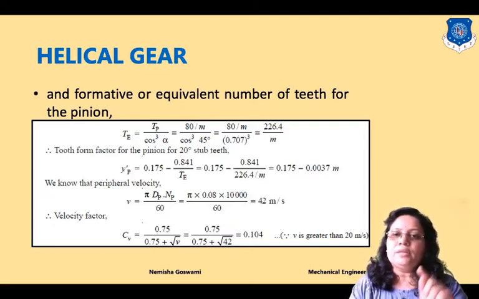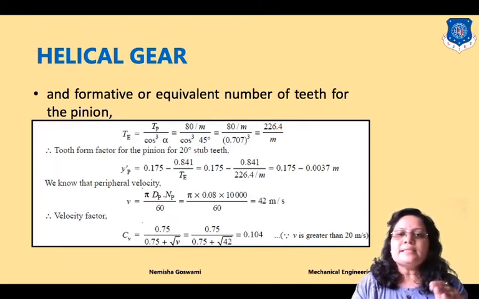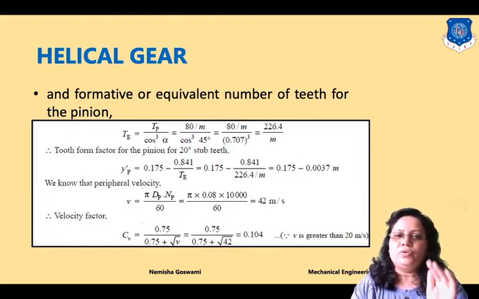So we will put this value, we have value of TP is equal to 80 divided by M, divided by cos cube 45 degree, or you can transfer this cos cube alpha in upper side, so it will be sec cube alpha. So you can put direct value, so you will get your TE, right? So TE is equal to 226.4 divided by M.